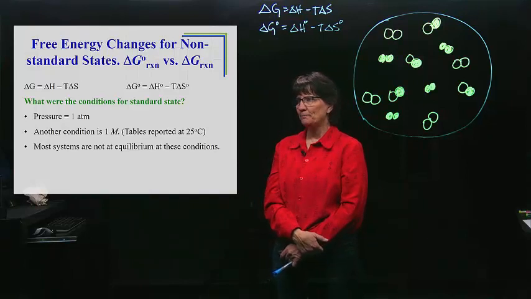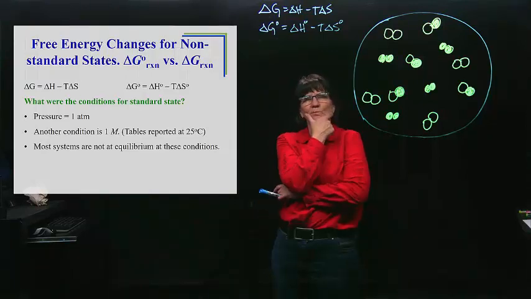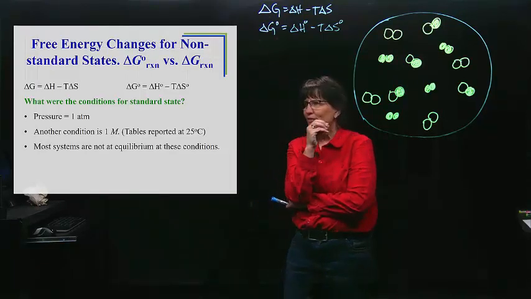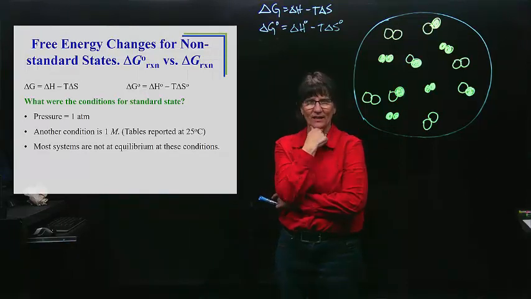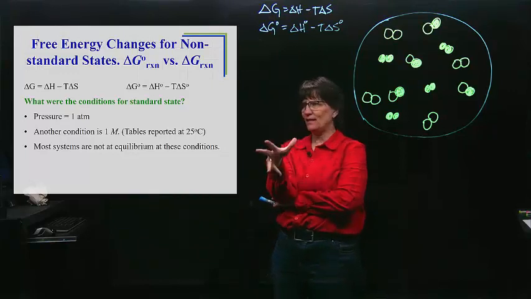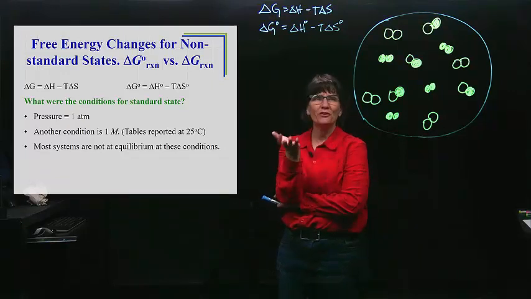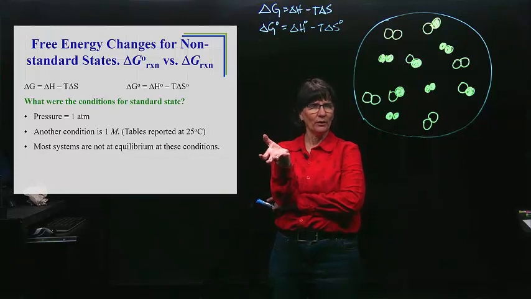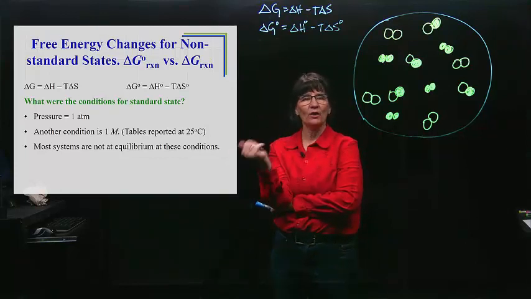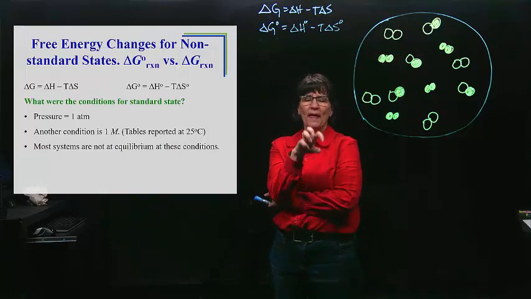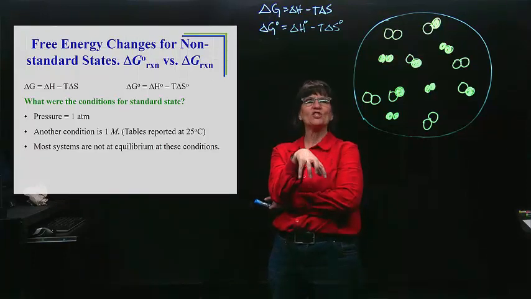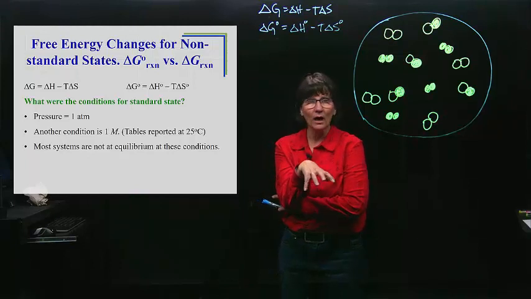Now, if everything is at 1 atmosphere, that's standard state conditions. Every gas in there. Most systems are not going to be at equilibrium when everything in there is at 1 atmosphere. Or if we put things in solution and everything in the reaction is at 1 molar, it's probably not going to be at equilibrium.